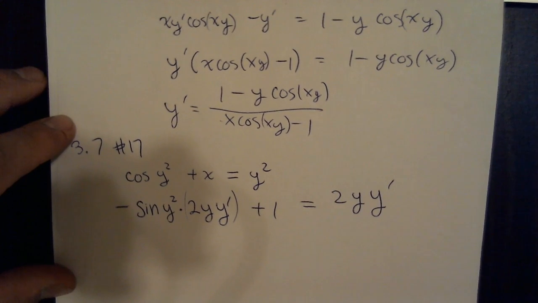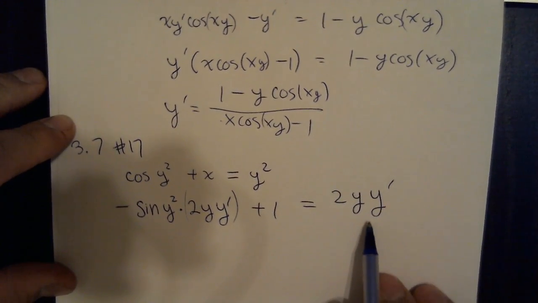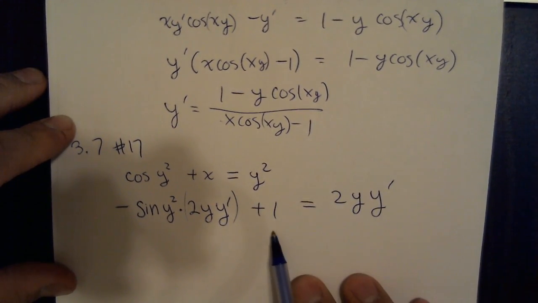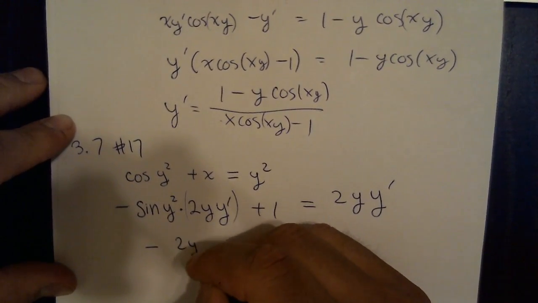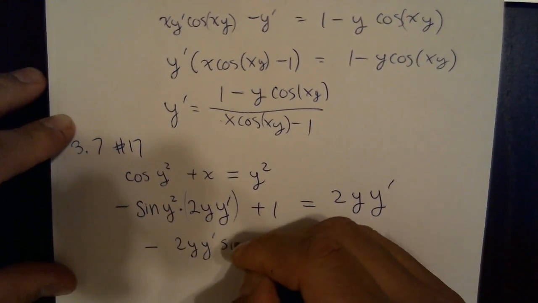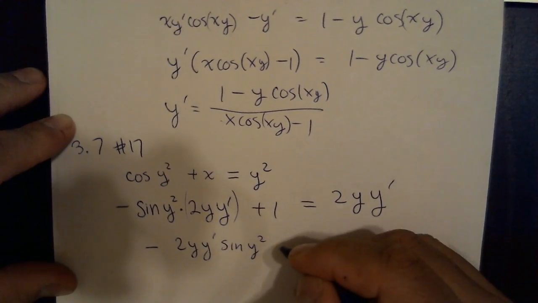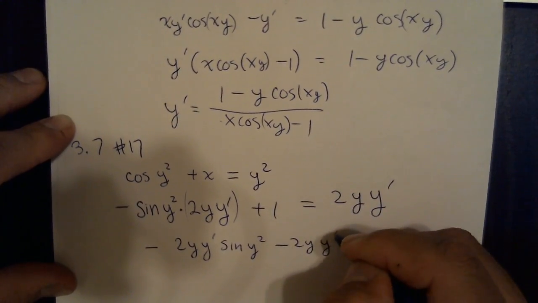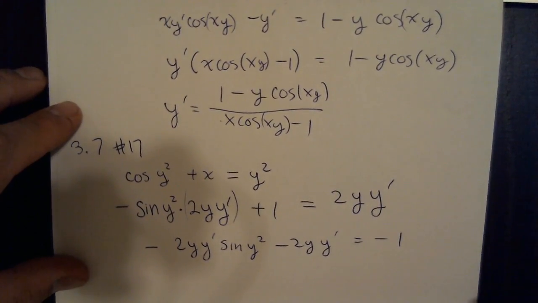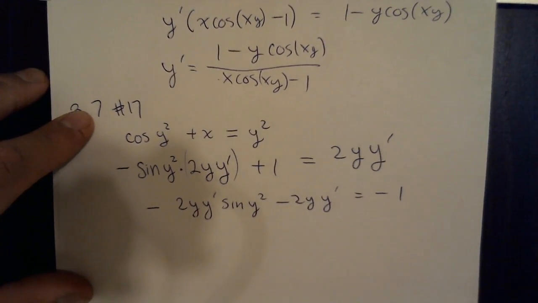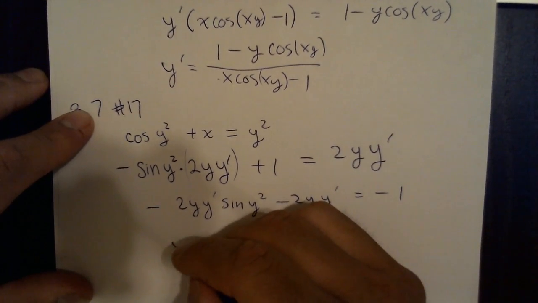All right, now we have to solve for y prime. So I'll bring everything that has a y prime over here. So I'll rewrite this like this. And actually, let me rewrite it without all these negative signs. I can divide by a negative.